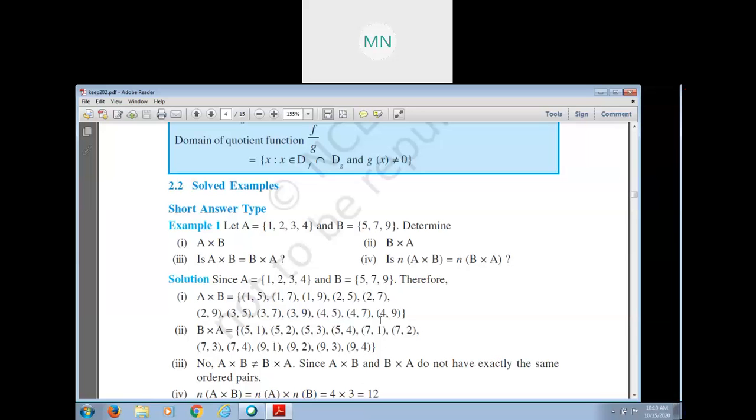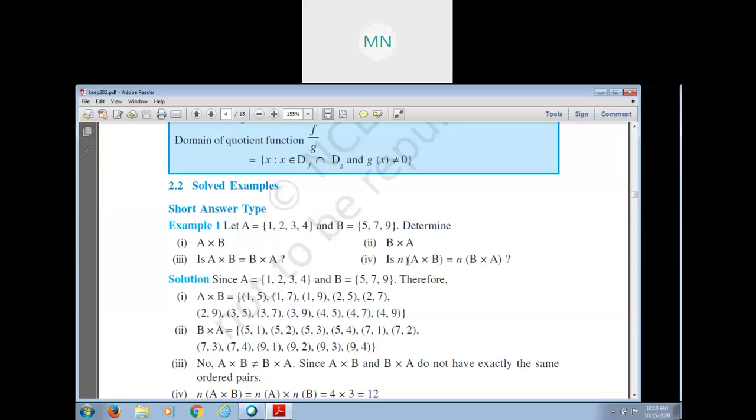And the number of elements in B cross A will be what? 12. 3 into 4 is 12.